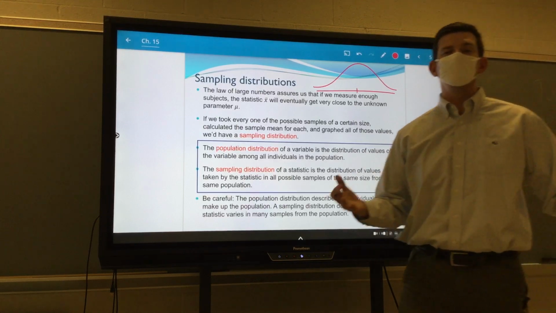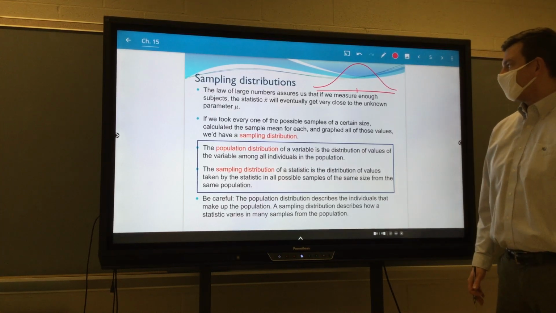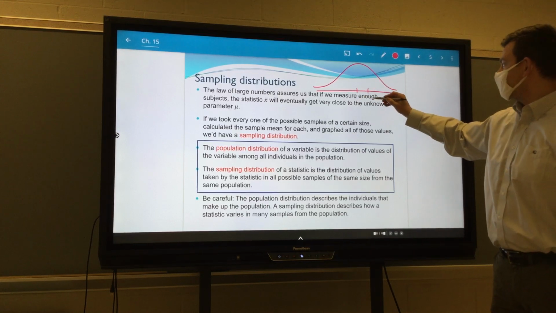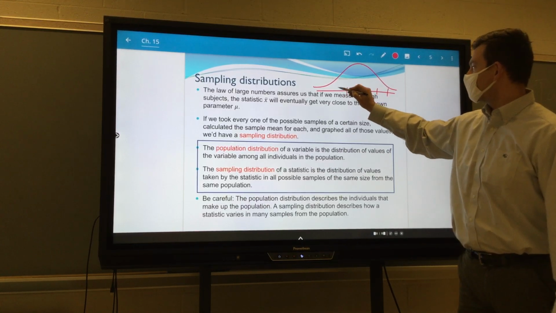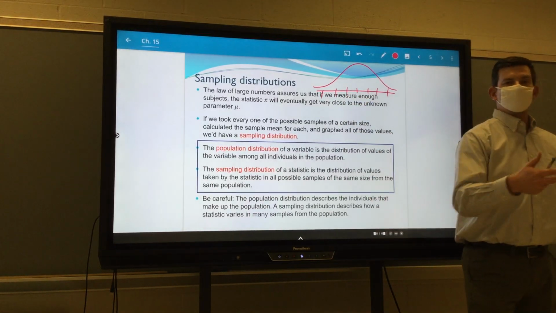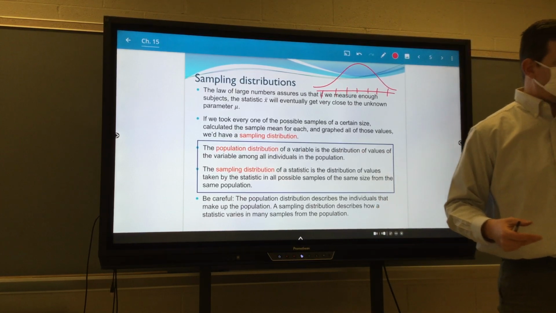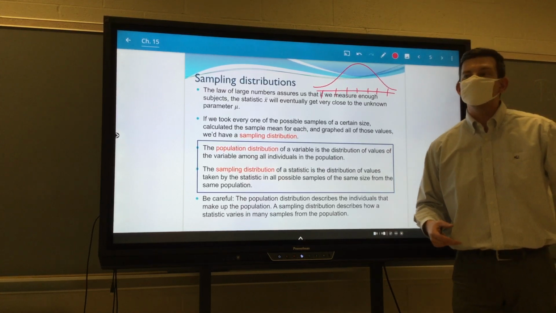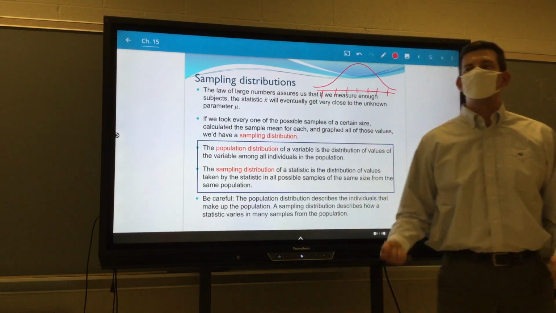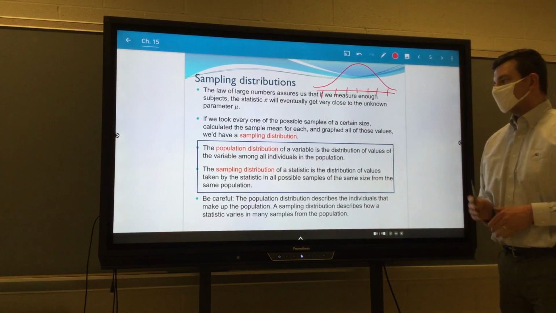We did this for IQ scores, standardized test scores, things like that, where the mean goes at the center of that curve, and the standard deviation is our step size that goes above and below. We used z-scores to give us perspective in terms of how far away from the mean we are, and we have accompanying probabilities. This percentage of the population is below us, this percentage is above us. And we use technology, GeoGebra, graphing calculator to assist us with that.